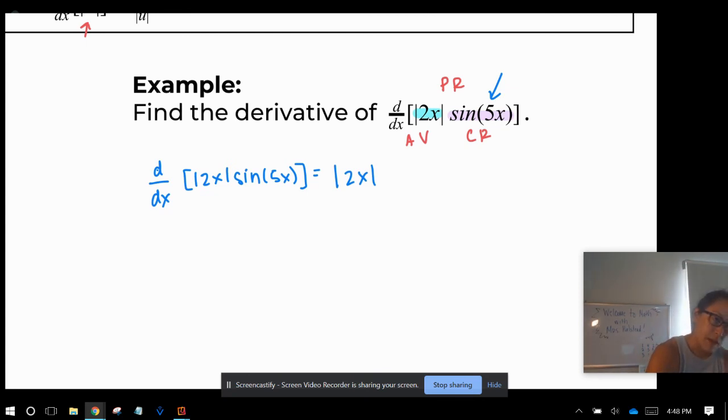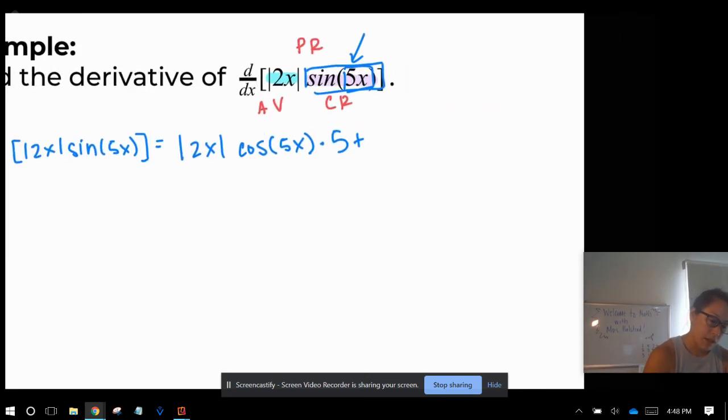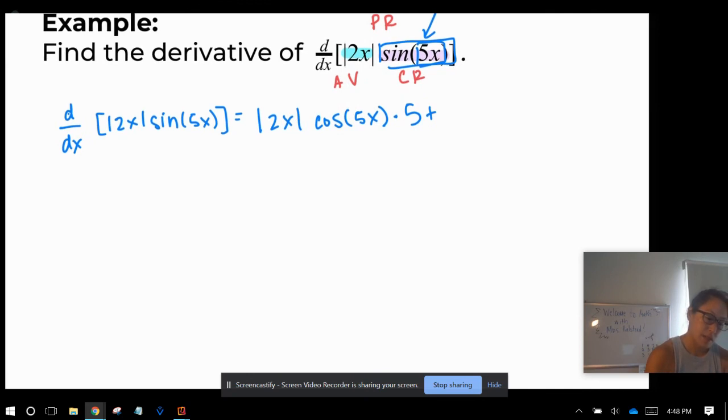So the derivative of sine 5x would be the outside, which is cosine of 5x, times the derivative of the inside, times 5. Next, we add on. So we had left d right, now we need d left right. So sine of 5x times the derivative of the absolute value of 2x.